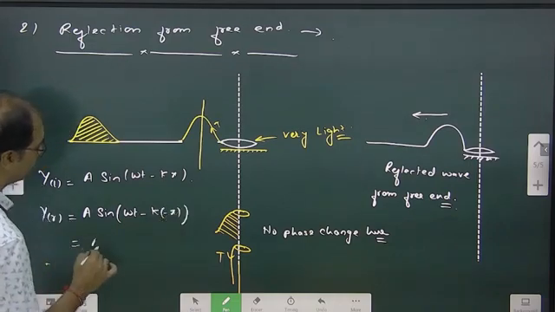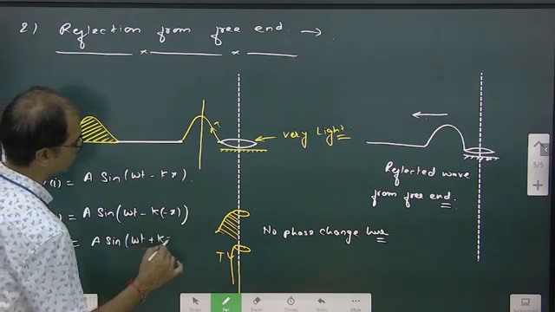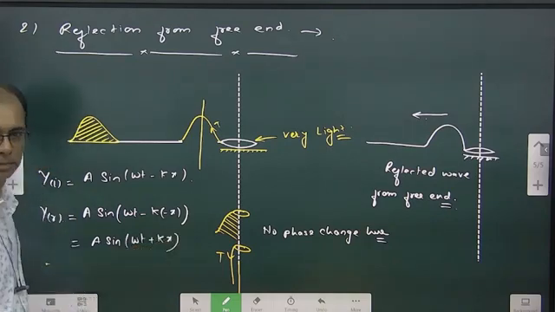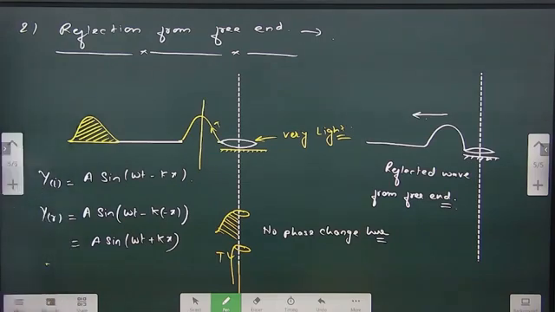So it becomes A sine omega t plus kx. Is it clear? Yes, sir. Okay.